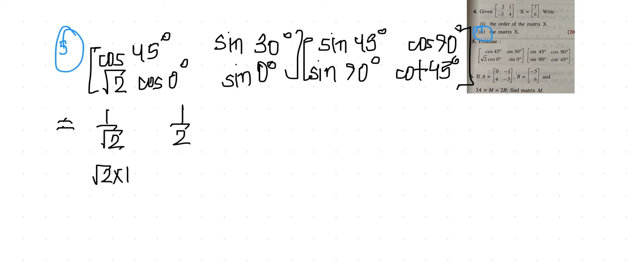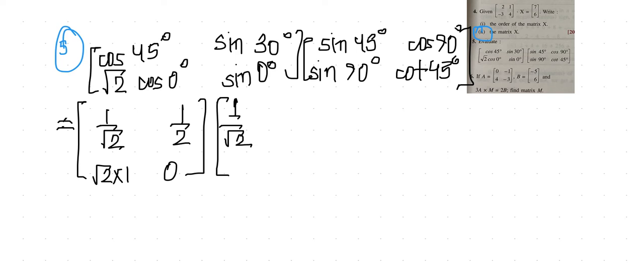And then sin 0 is equal to 0. So this is there in one bracket, and in the other bracket I'll be having sin 45 is equal to how much, children? Sin 45 degree is 1 upon root 2. And then cos 90 is equal to 0. Sin 90 is equal to 1. And cot 45 is again equal to 1.